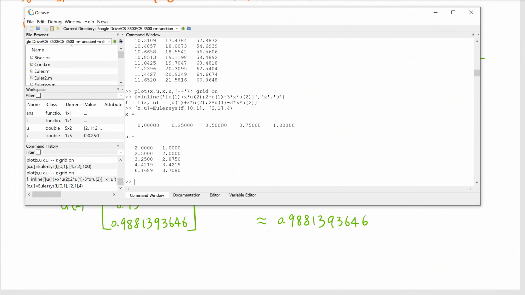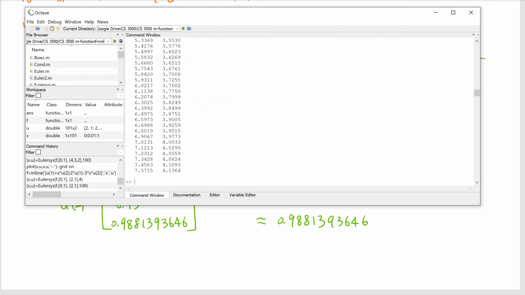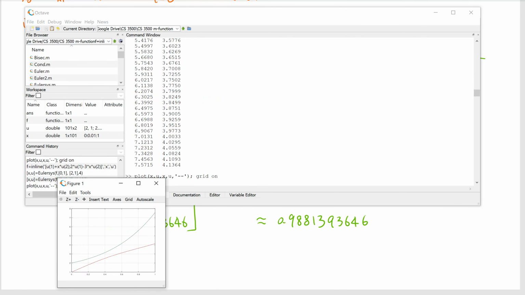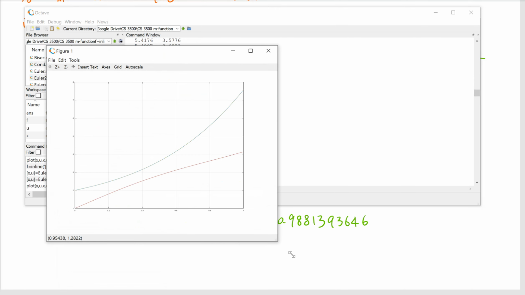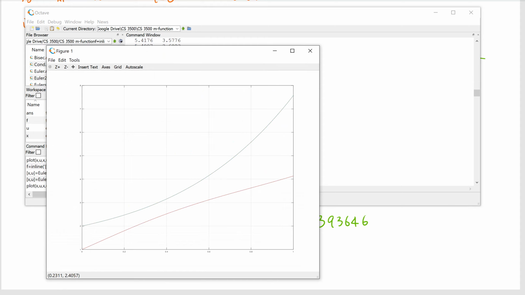And we can also increase the number of subintervals and plot it, and this is what we see. We have 2 coordinate functions, and you can see the functions are pretty smooth. So far so good.